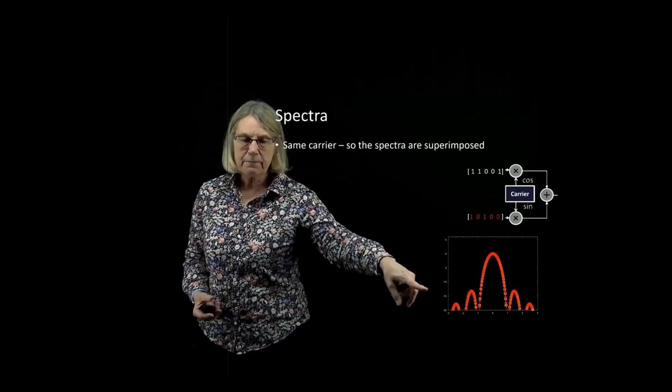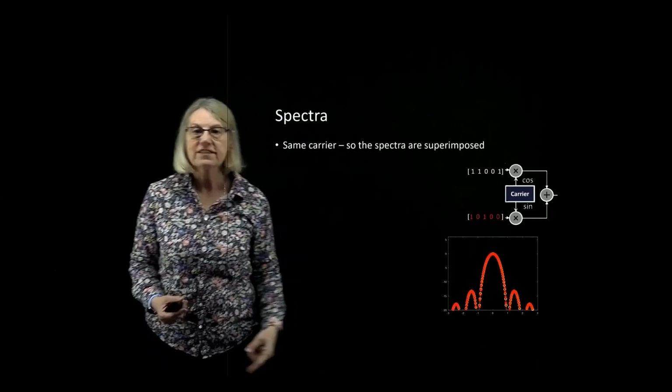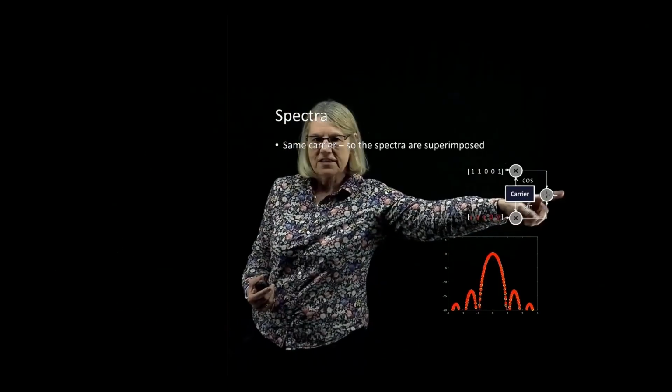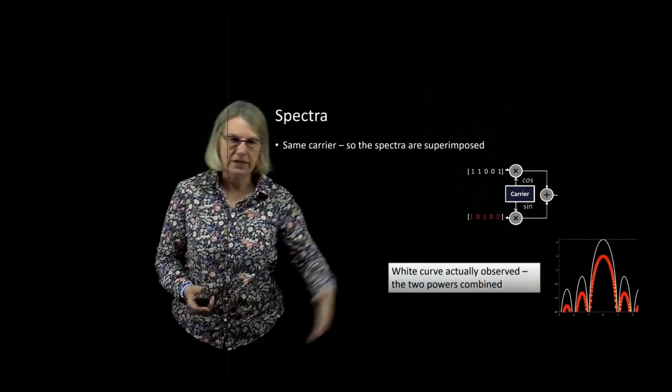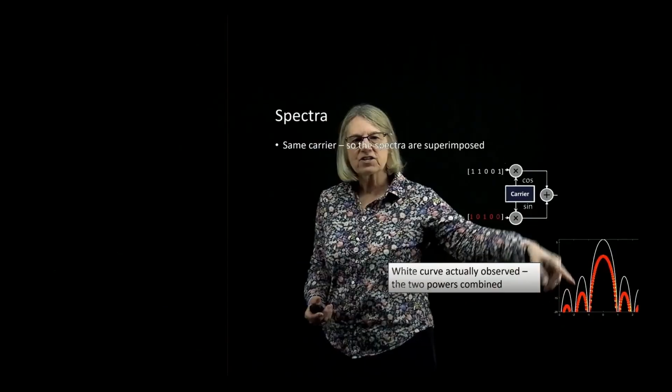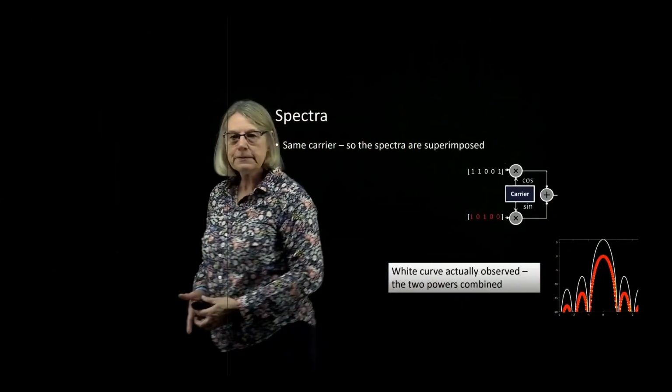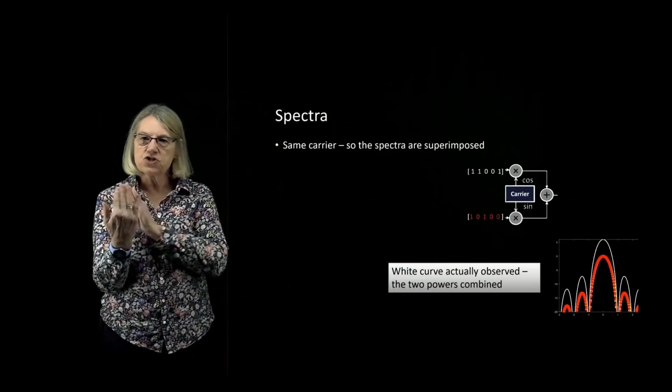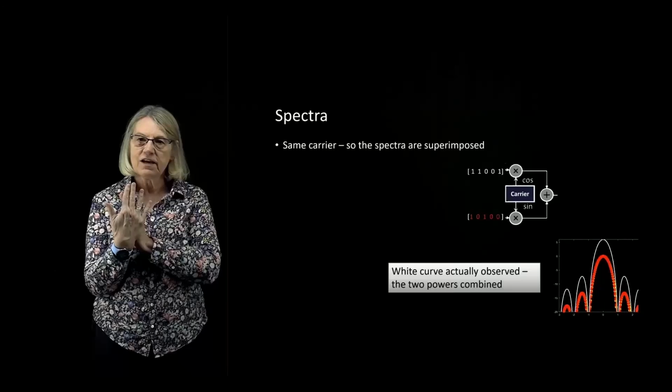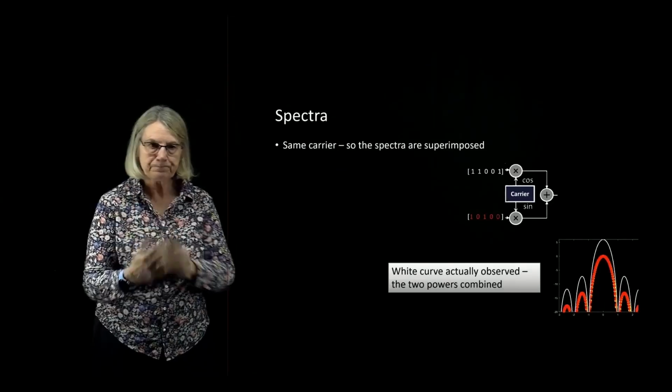Of course, if I looked at the power spectral density at the output of this transmitter, the power spectral density would be the sum. So it would actually be this white curve. But this white curve is the result of these two superimposed power spectral densities.